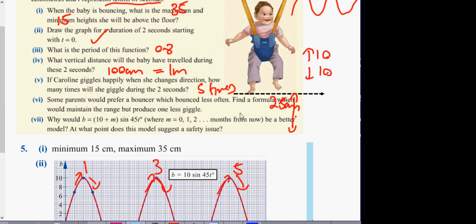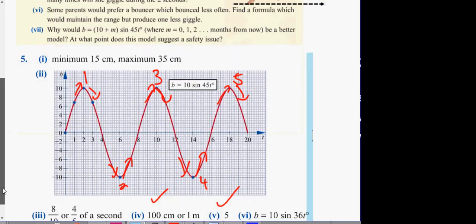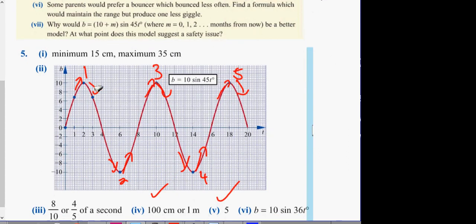Now, some parents prefer a bouncer which bounces less often. Write a formula which would maintain the range but produce 1 less giggle. Okay? Now the problem is, at the moment, we have 1, 2, 3, 4, 5. We have 5 peaks, so to speak, okay?